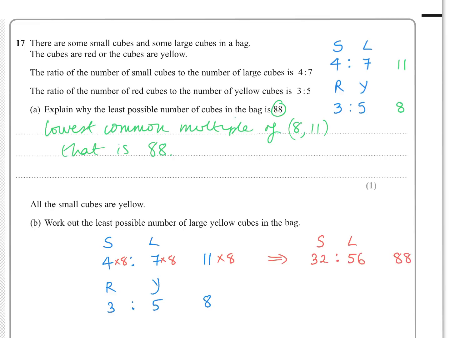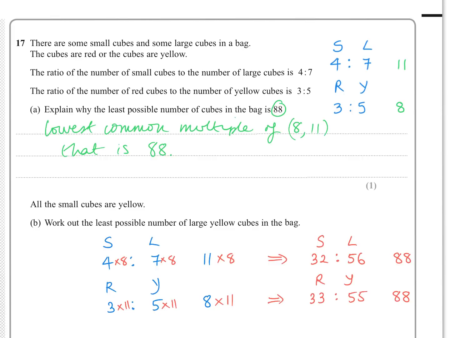That makes 88 parts, and therefore if you times this by 11, you're going to get red to yellow is 33 to 55, which is also 88 parts.